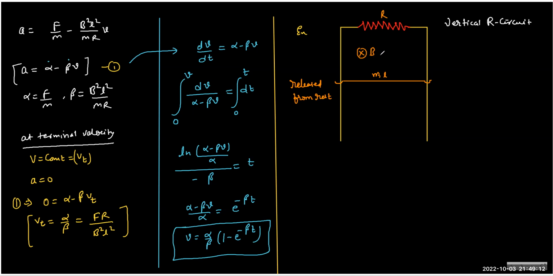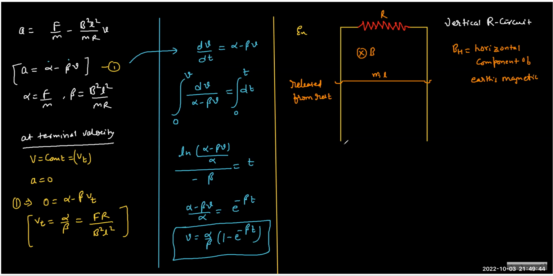So sometimes you have to use BH for the horizontal component of Earth's magnetic field.